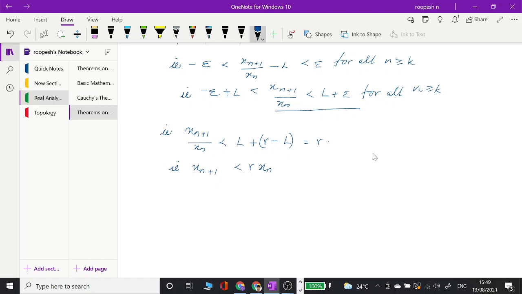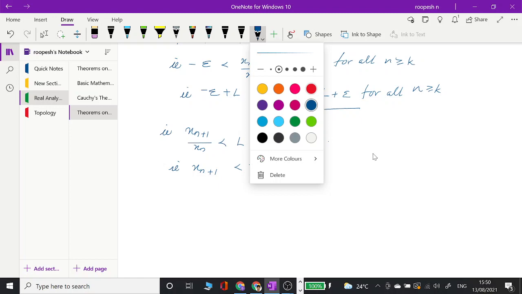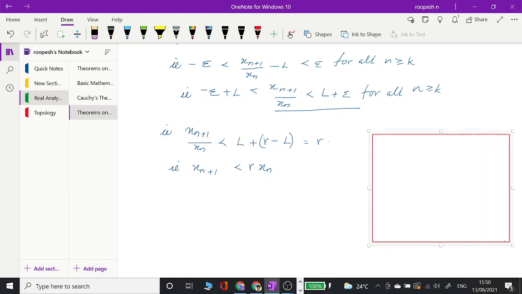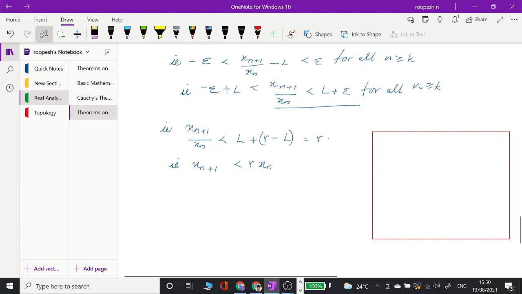Now we can note one more thing. We have got x n plus 1 is less than R into xn.